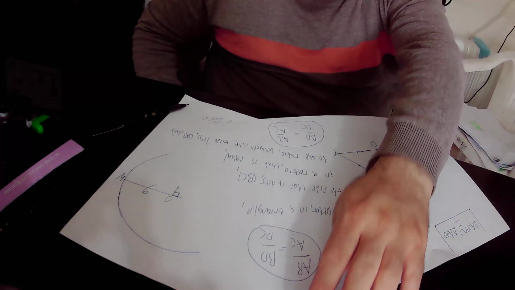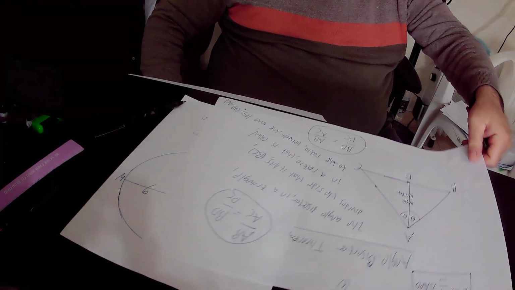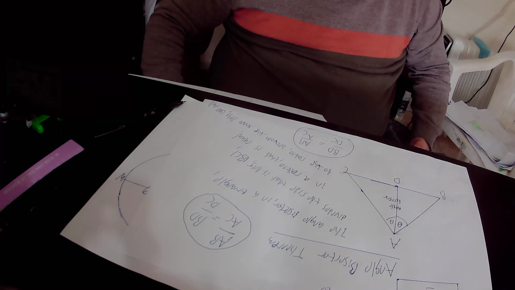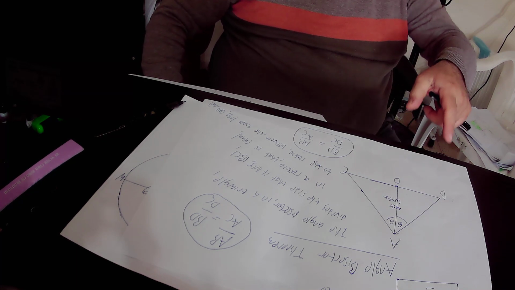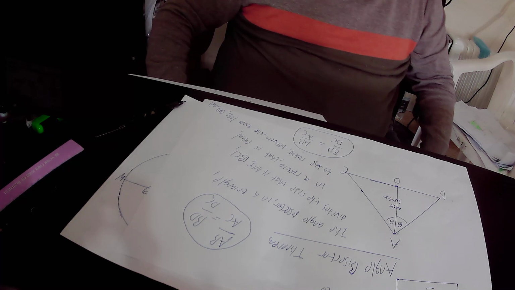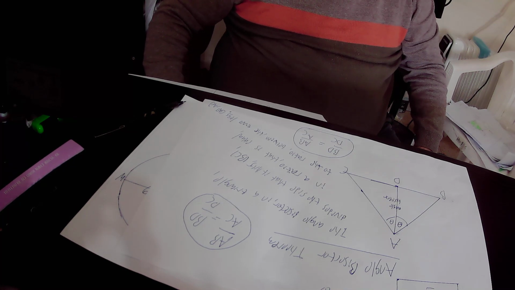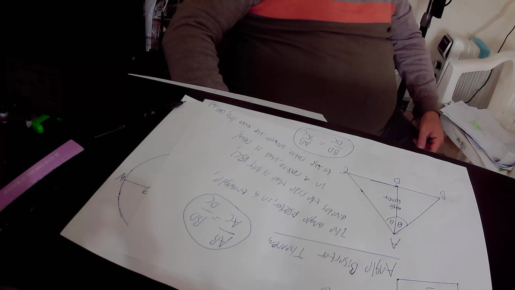Again, according to the angle bisector theorem, the angle bisector in a triangle divides the side that it hits, that is to say BC, in a ratio that is equal to the ratio between the two legs of the angle that has been bisected into two halves.